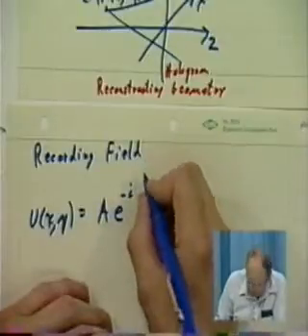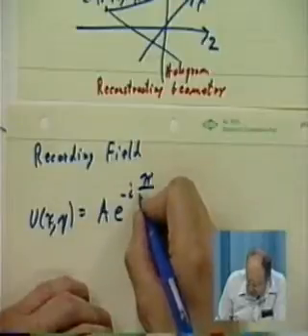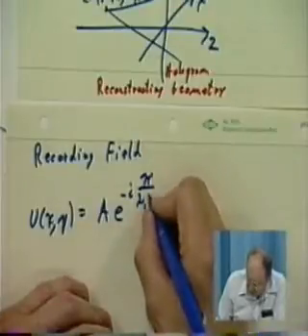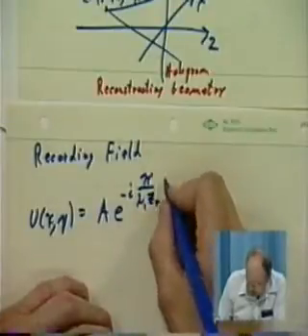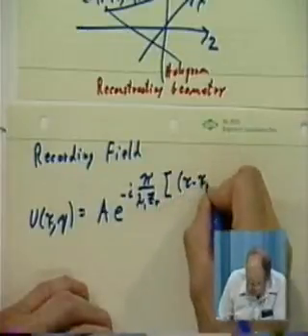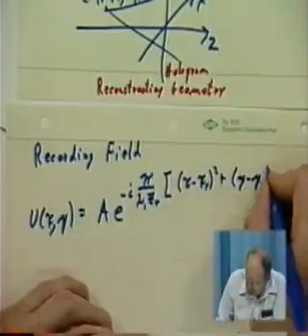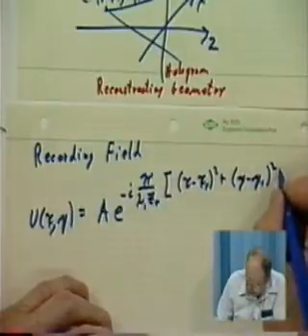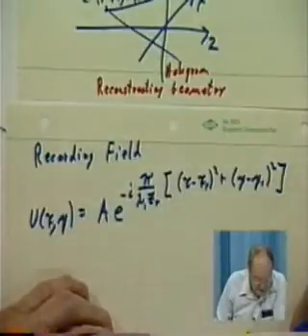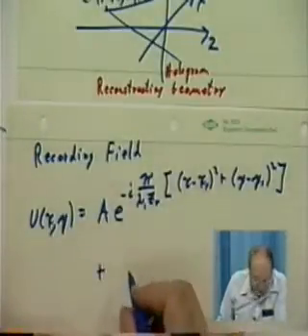And so this will be pi over lambda 1 z sub r times x minus x sub r squared plus y minus y sub r squared. And so that's our reference beam.